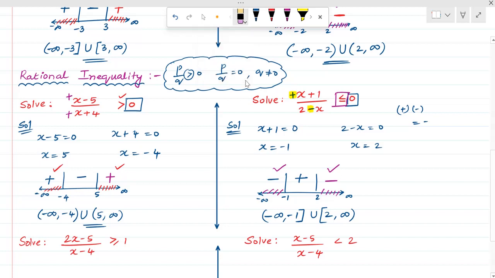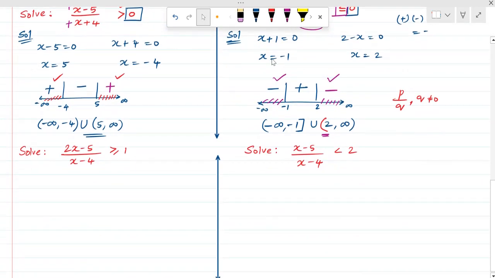That's why even though the equal is there, since the 2 is in the denominator, I have to always put it open, because the condition P over Q, Q not equal to 0 will fail. So that's why even though it is equal, I make it open. Why? Because the 2 is in the denominator. That's why it is open.